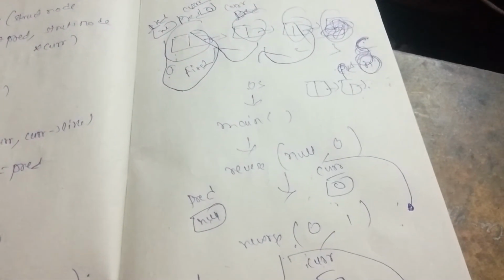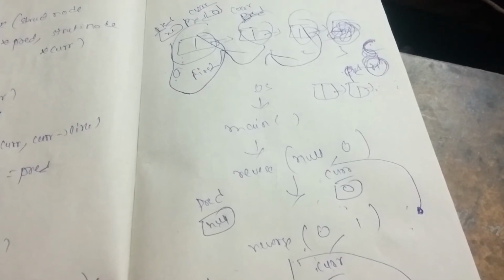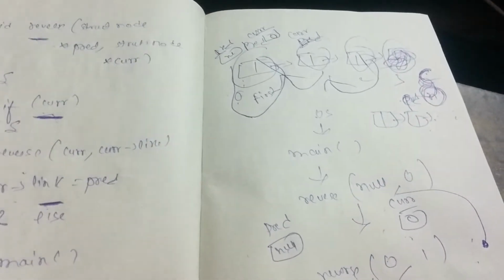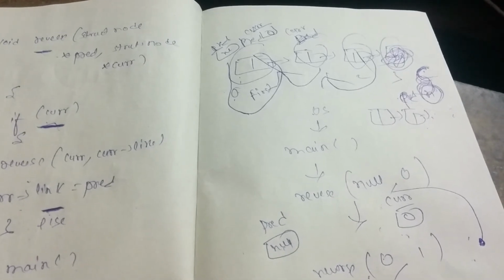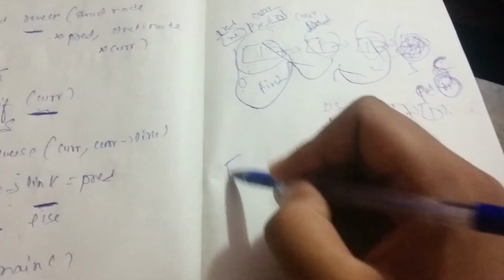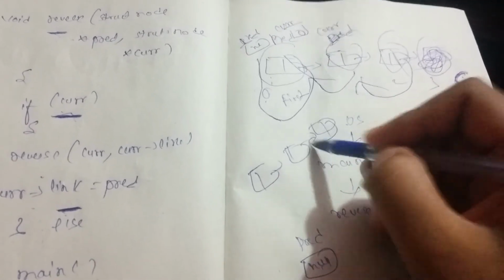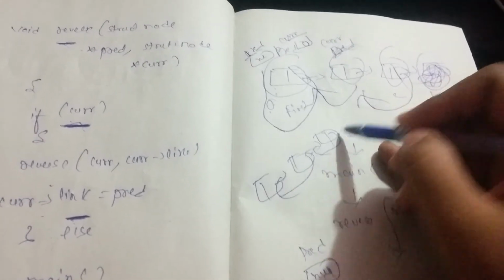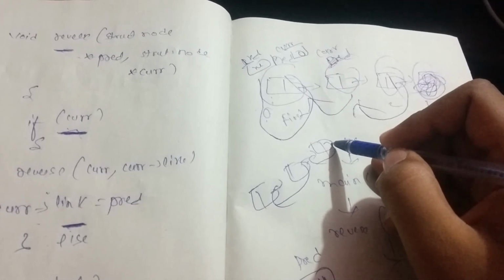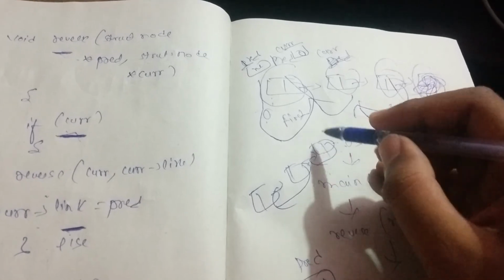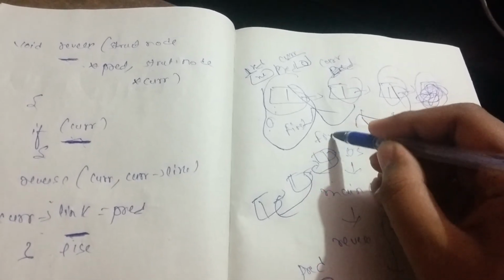Something like first equal to the predecessor. Something like when we have reversed the links, if this is a node, actually we have reversed the links, and the last node should become the first, right?